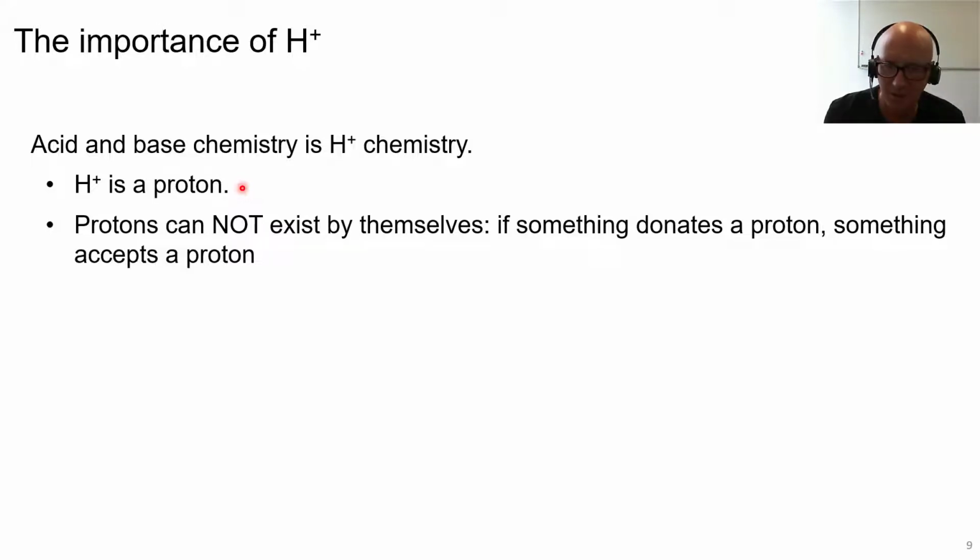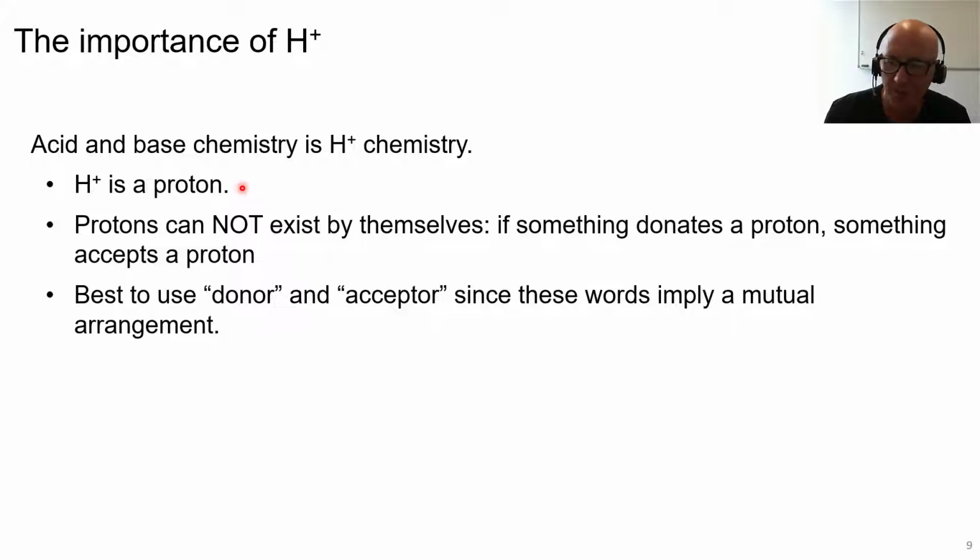So just be aware of that. Now, if it's always on something, then that thing can donate a proton, but of course then something has to be available to accept it. You can't have one without the other, because protons can't exist just by themselves.